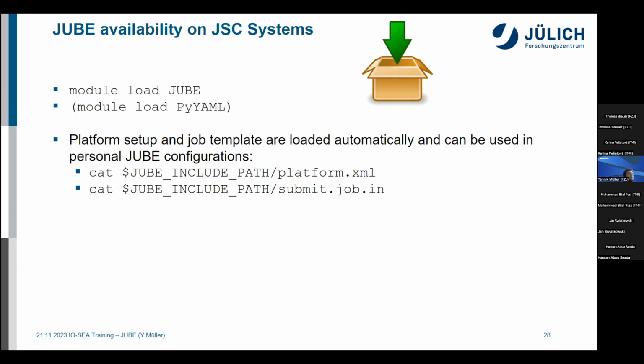And as I said, for us, the JUBE include path is already set up. So you can check the templates under the following path, but actually later in the advanced section, I will do exactly this because I think it's very helpful to know what is the exact content of those files. So there's a little bit less magic and a little bit more like I know what template I'm using going on.